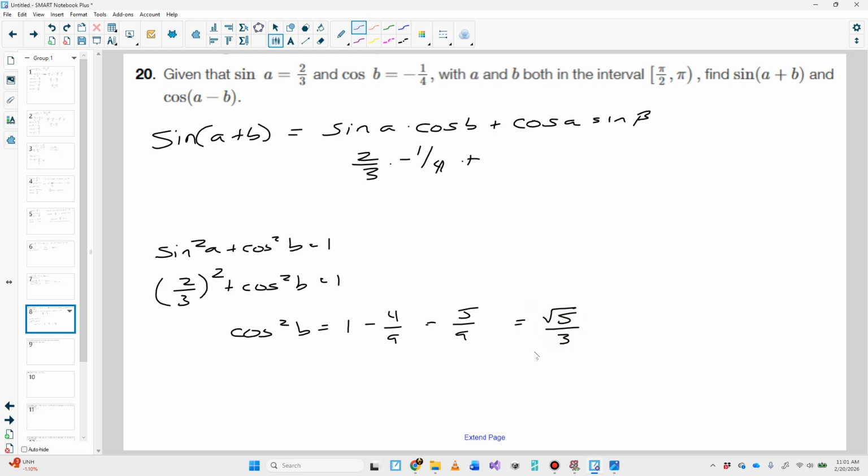Is that between pi/2 and pi? Well, these are the intervals, these are the angles. So actually, I'm not too worried about the angles themselves. We're just assuming that they're both within that interval.